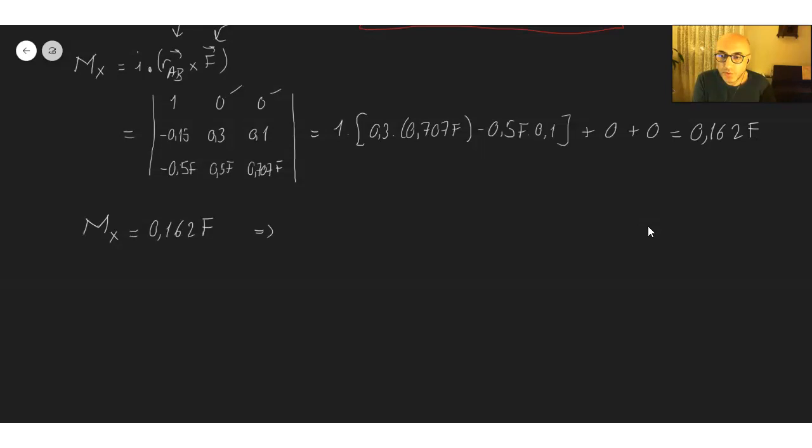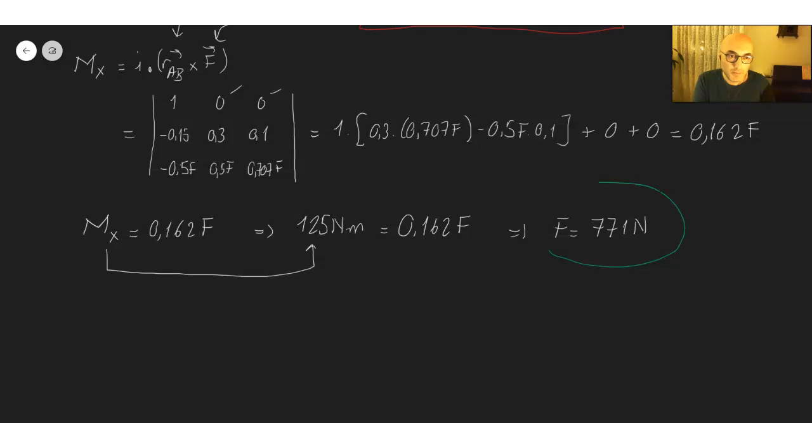So here I will substitute for M_x the capacity 125 newton meters, and that will be equal to 0.162 F. And from here I will be having F equal to 771 newtons, and that's my force that can be applied on that sleeve, the maximum force that can be applied on that sleeve that prevents friction occurring.